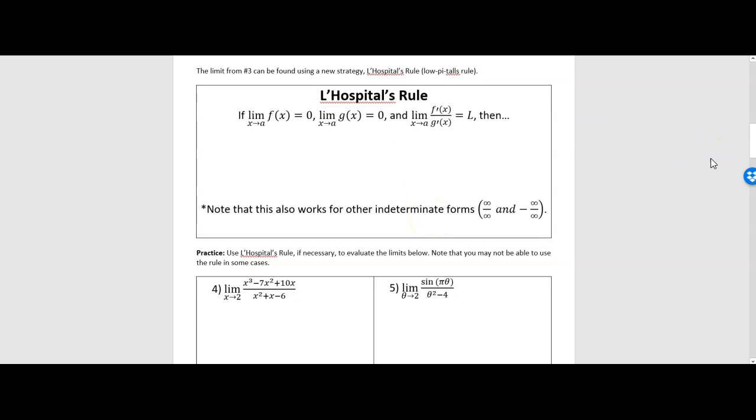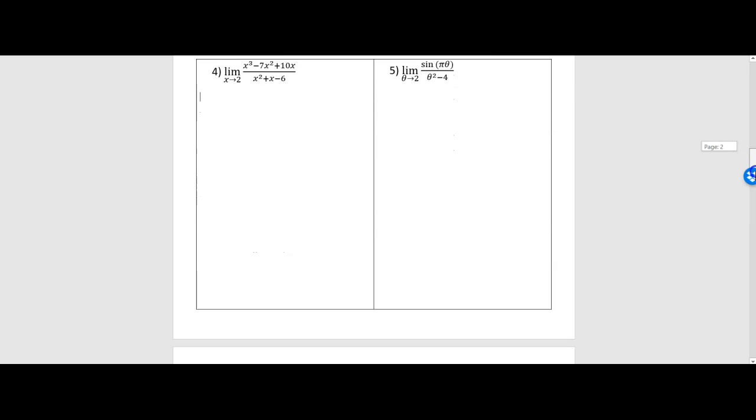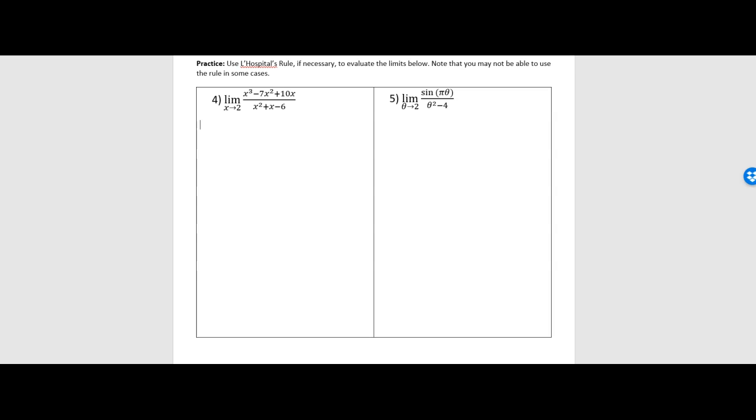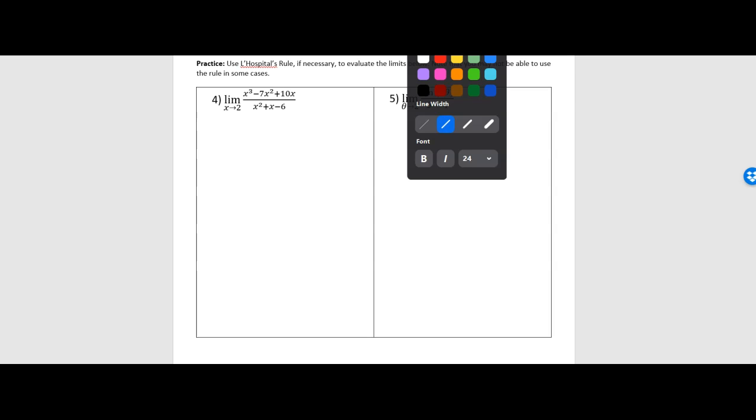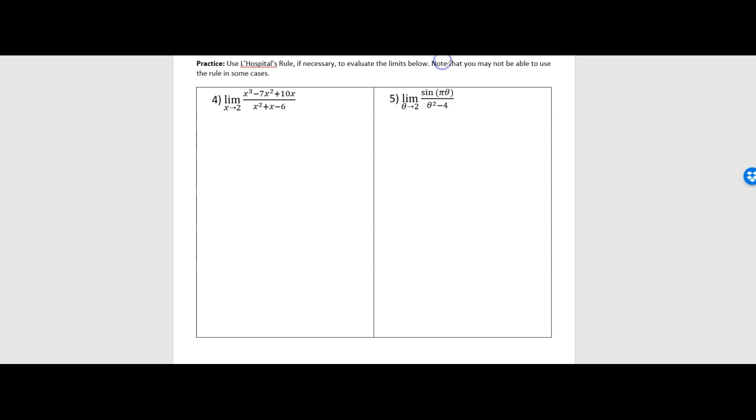And I think we're going to check out problem number 5, actually. A little bit more difficult than problem number 4. So again, we're not just going to jump right into L'Hopital's rule. We need to, again, make sure that we have an indeterminate form. So we're going to try direct substitution. So I'm going to check the limit of my numerator as theta approaches 2 of sine of pi times theta.